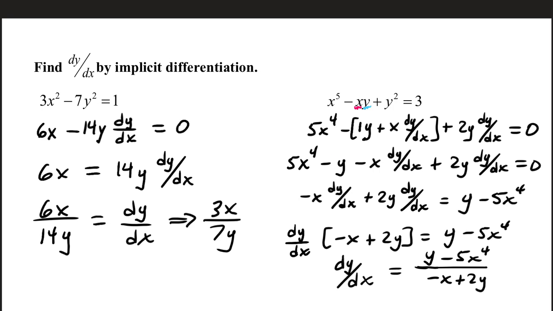This negative y, when it's moved, becomes positive y. 5x to the fourth, when it gets moved, it becomes negative. Once you've sorted out your dy/dx terms from the non-dy/dx terms, factor out the dy/dx. That'll leave us with a negative x plus 2y. It's totally fine to write 2y minus x if you like. Once you've factored that term out, divide both sides by your brackets, and then you've got dy/dx.